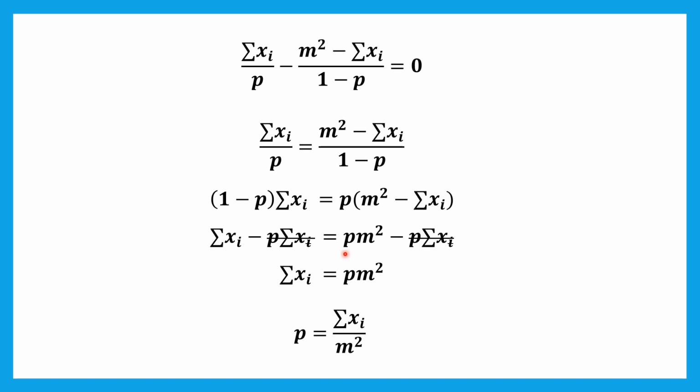This p summation x and p summation x cancel out. We have summation xi equals p into m square. So finally p will become summation xi over m square, which is the maximum likelihood estimator for the binomial distribution for the parameter p.